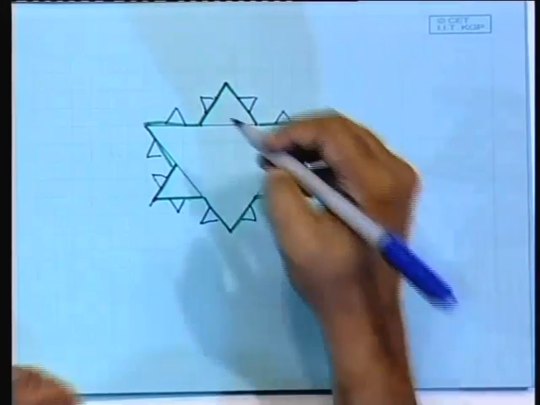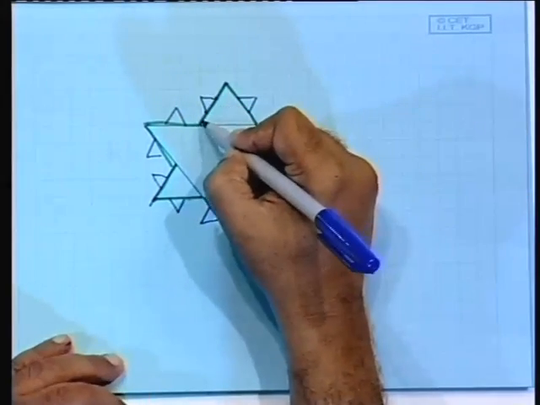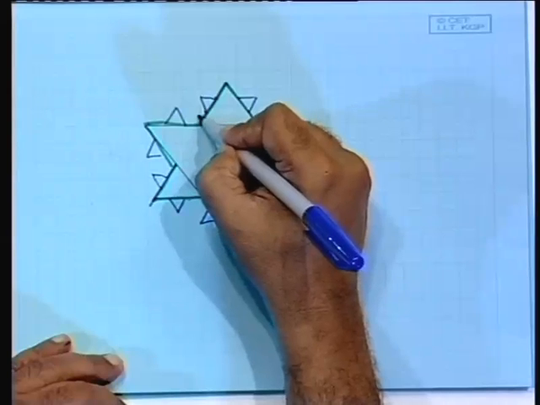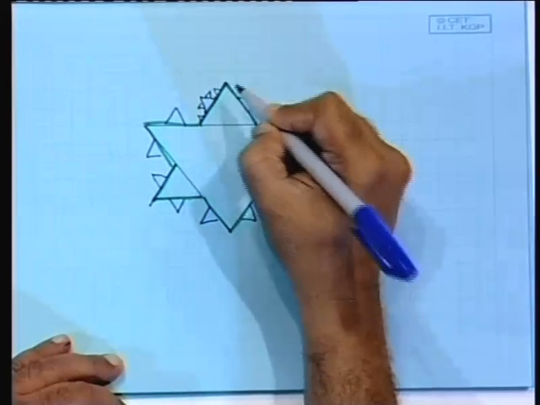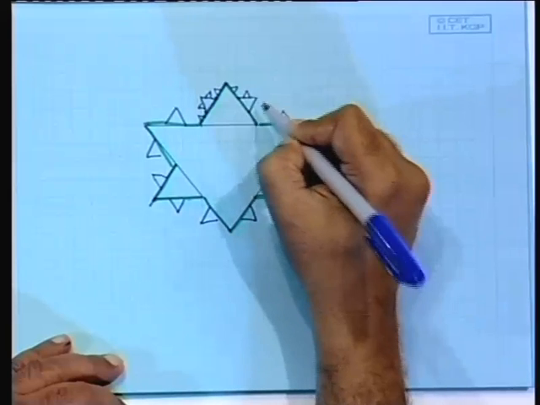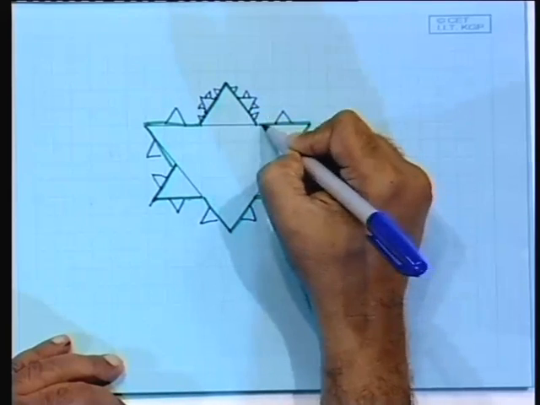In the next step, take all the sides that are remaining and do the same procedure. So, you will add here, here, here, and here, and continue this process ad infinitum.